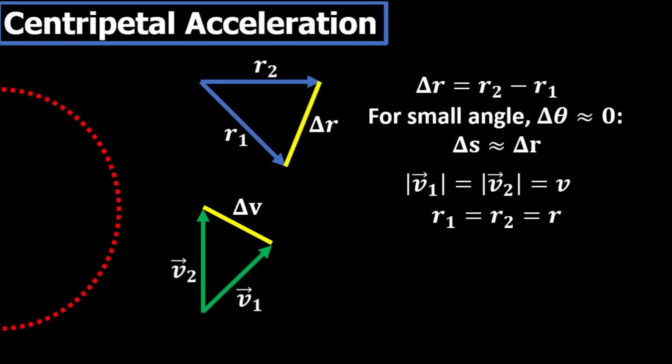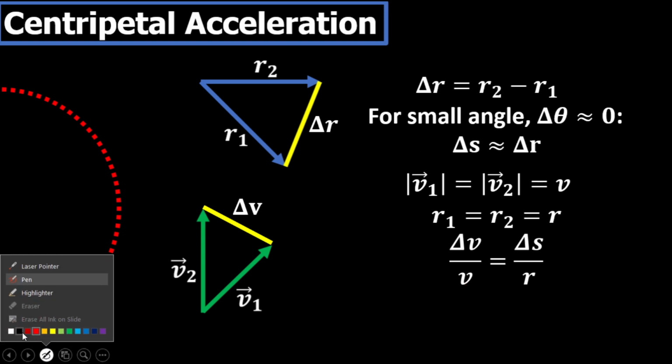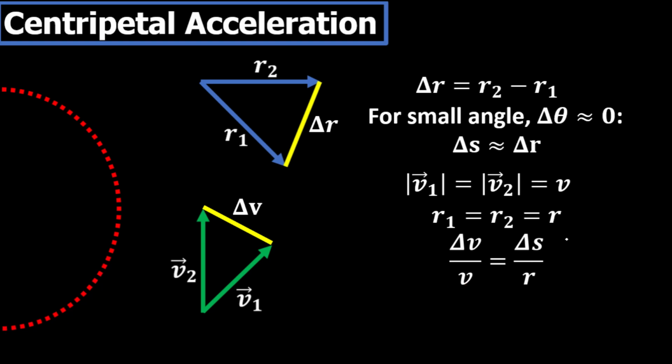Going back to my point that they are both congruent triangles, we can take their ratios: delta v over v is going to be the same as delta s over r. The reason it's delta s here is to make the mathematics simpler later on. But in essence, because delta s and delta r are the same, this is actually delta r over r.